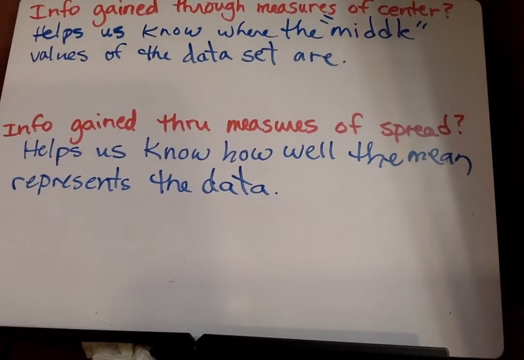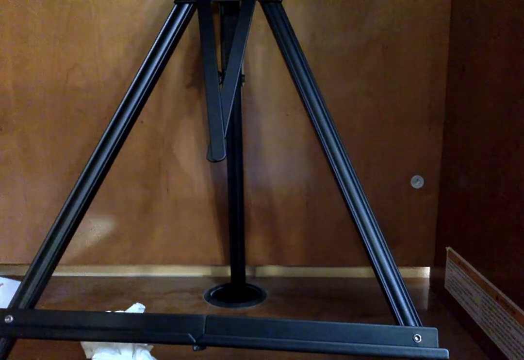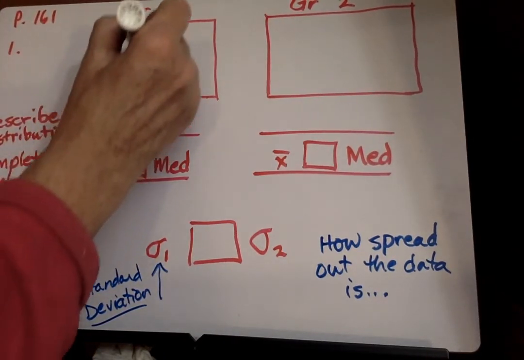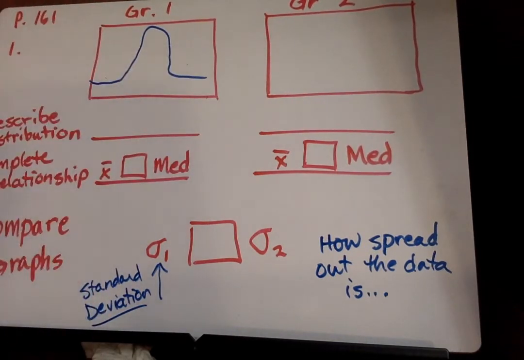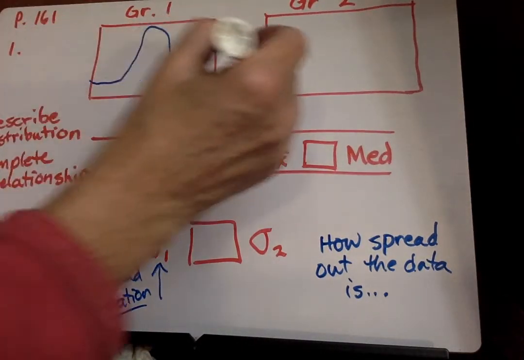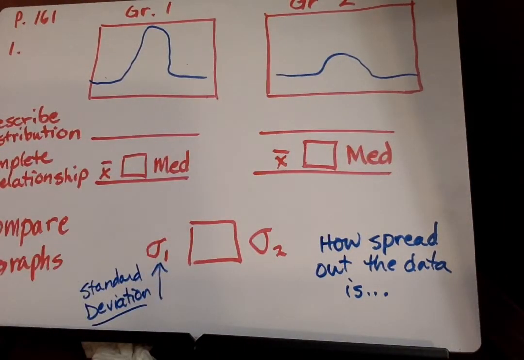Okay. All right. Next, we're going to go to graph 1 and graph 2. You can pause the video if we need to, but I'm needing to move on because there's a lot to cover here. Okay. Page 161 at the bottom, graph 1. Now, I'm just going to draw an outline of all the data. Okay. So, and this one is more like that. Describe the distribution.